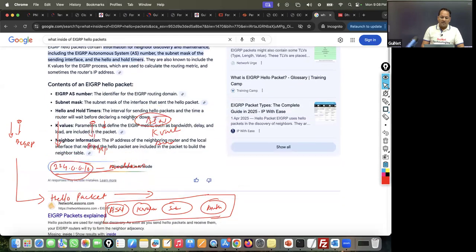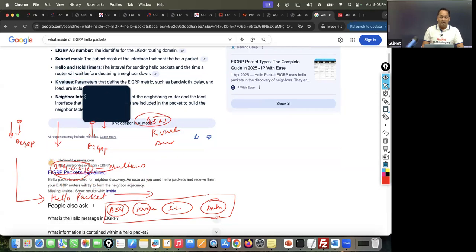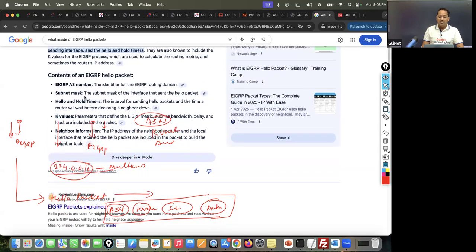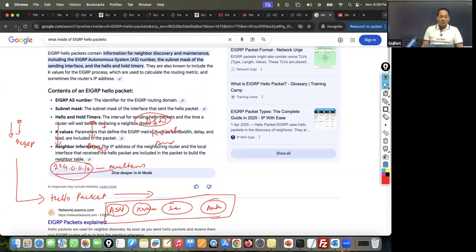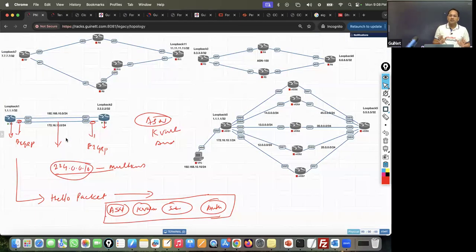Very first important, they keep the AS number, subnet mask, hello, I missed that, hello and hold time timer, because we discussed that earlier. So hello and hold time are also going to be there, and the key values, and authentication is also going to be there if authentication is enabled. Anyhow, these parameters must match. If they do not match, you cannot build the EIGRP neighbor.